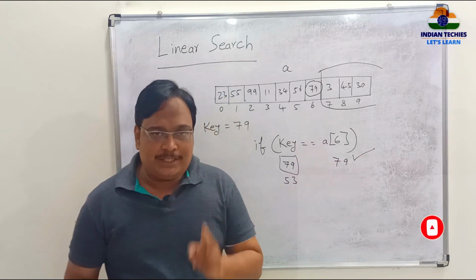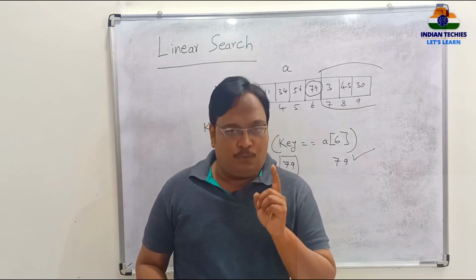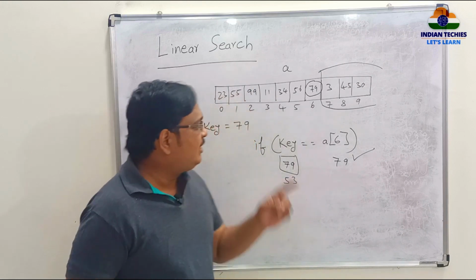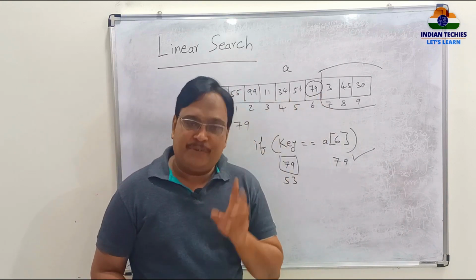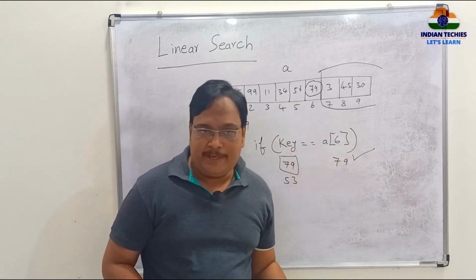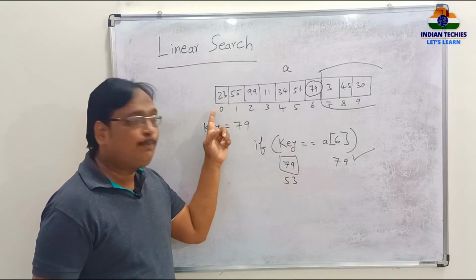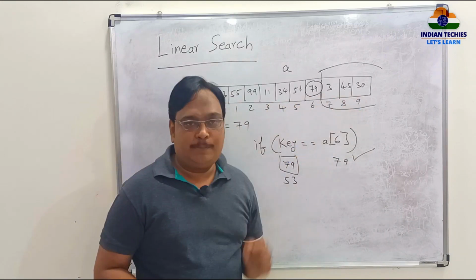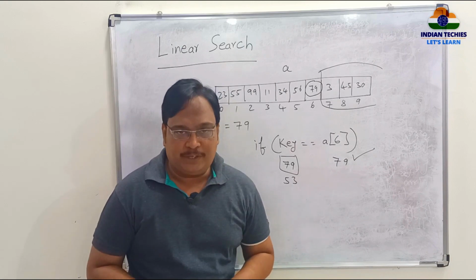So your searching stops in 2 situations. Situation number 1 is somewhere your element is found. If it is found, no need to compare with the remaining elements. Even if you found it at the first position, you no need to check the remaining positions. That is situation number 1.